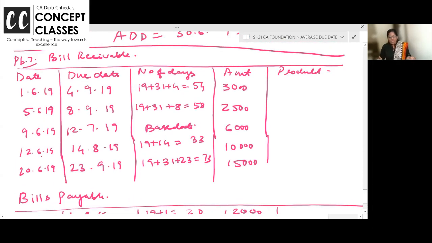Sure. Now do your calculations. 54 into 3,000, 1,62,000. Put it in memory. 58 into 2,400.